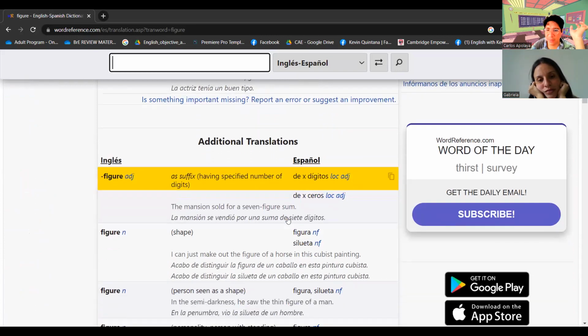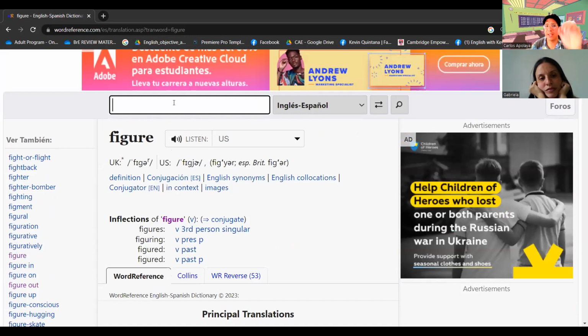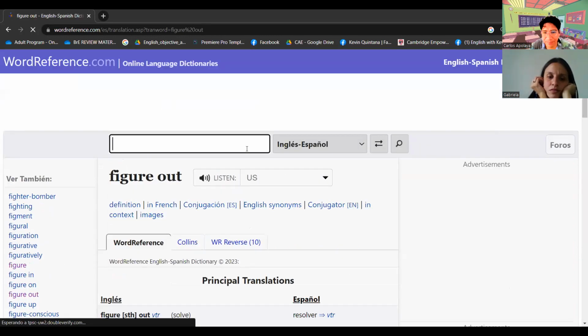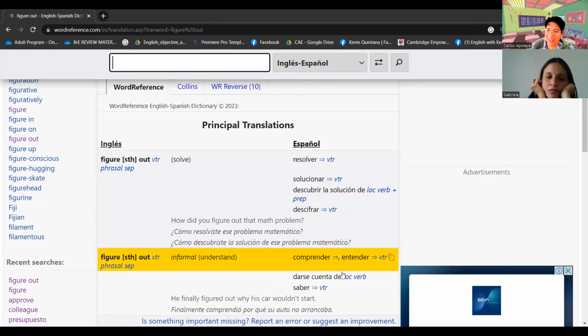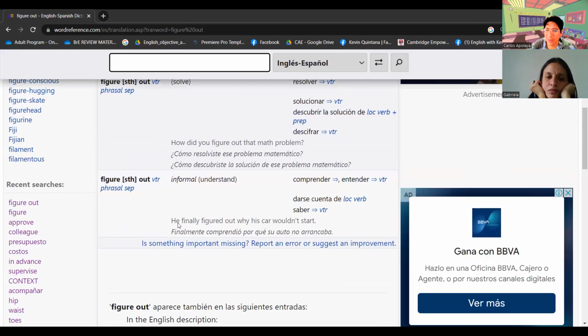En dígitos. Y luego tengo figure out como verbo. Figure out es comprender, entender, darse cuenta de algo. He finally figured out why his car wouldn't start. Él finalmente comprendió, entendió, se dio cuenta por qué su carro no encendía.